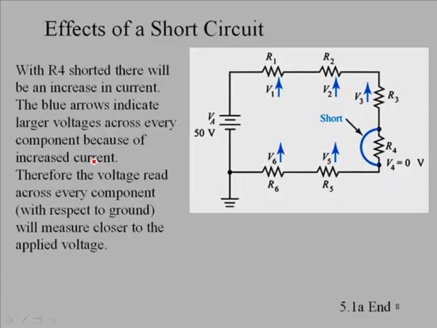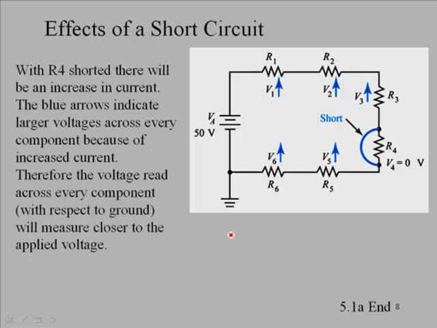Okay, this is that same schematic, and just as a review here, with R4 shorted, there will be an increase in current. The blue arrows indicate larger voltages across every component because of increased current. Therefore, the voltage read across every component will increase. Now notice, therefore the voltage read across every component with respect to ground will measure closer to the applied voltage.